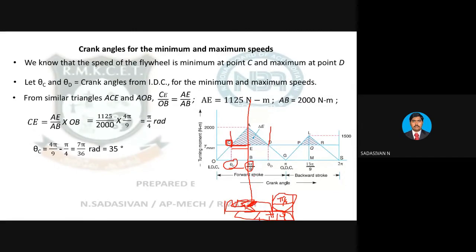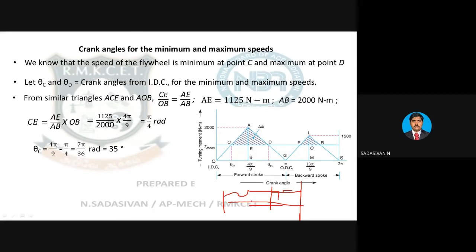Your answer is not pi by 4. I think with this line example, you can understand. You know the entire length of 4 pi by 9. From this line, I know this is pi by 4. So I want this. Therefore, subtract from 4 pi by 9. So 4 pi by 9 minus pi by 4 is 7 pi by 36. Convert that, 35 degree. So this minimum speed point occurs at 35 degree from inner dead center. Clear?